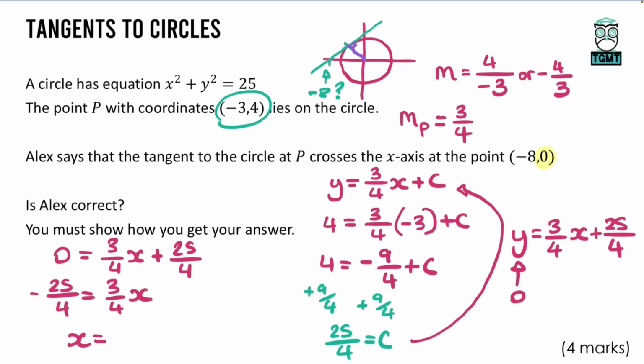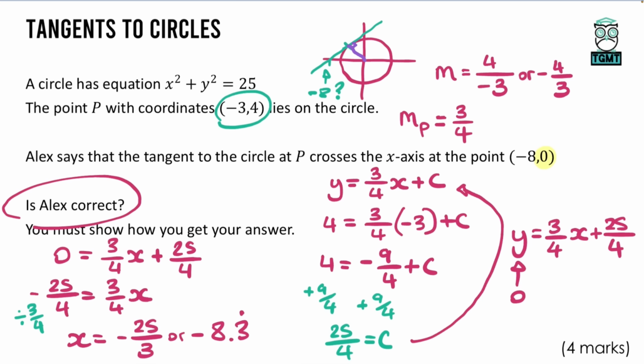And we get x is equal to, I'm going to write that working out down just here, divide by 3/4, and we get x is equal to minus 25/3 or minus 8.3 recurring. So the x value is not -8. It's very close, but it's not -8.